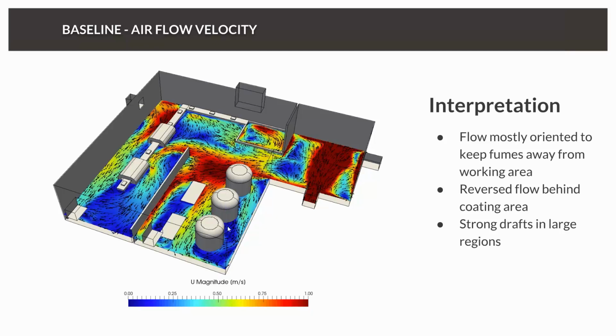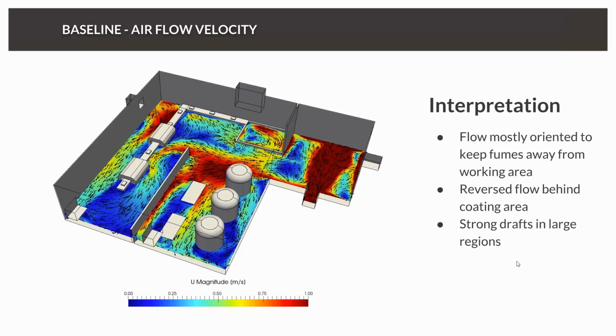The first thing we can see is that the flow in this area is oriented in a way that keeps fumes away from the working area. But there is some problem. First of all, we have a reverse flow behind the coating area here. And this flow, as you can see, coming from here, will take the fume, and they will mix here.